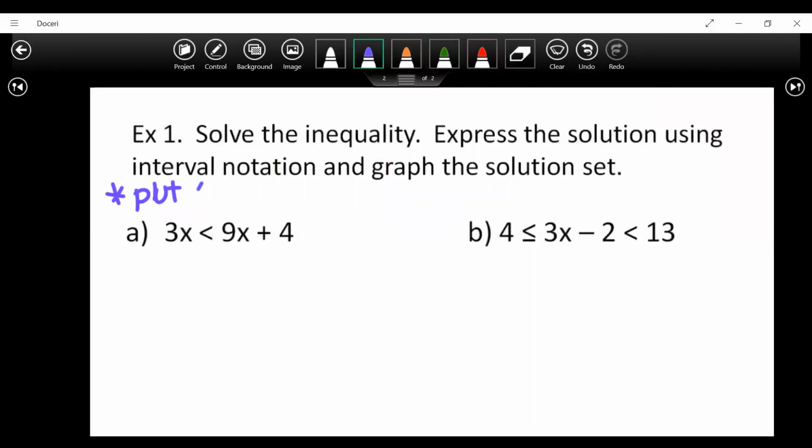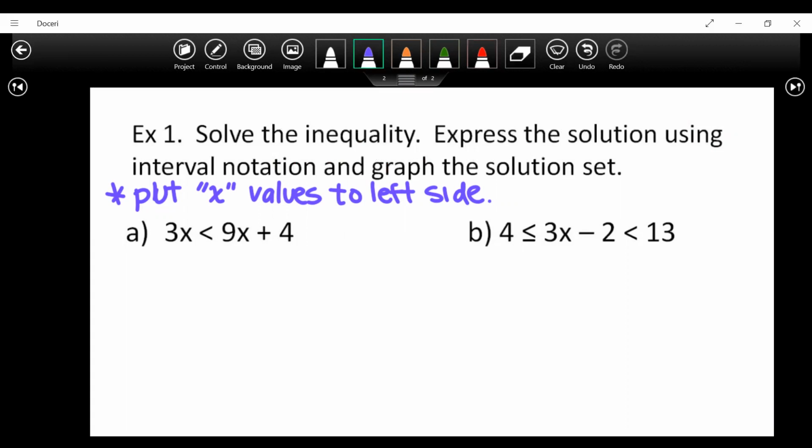It's easier to see the inequality that way and you won't get it mixed up. But if you understand inequalities and it makes sense to you, do whatever way works for you. I think it's easier just to bring everything to the left-hand side.